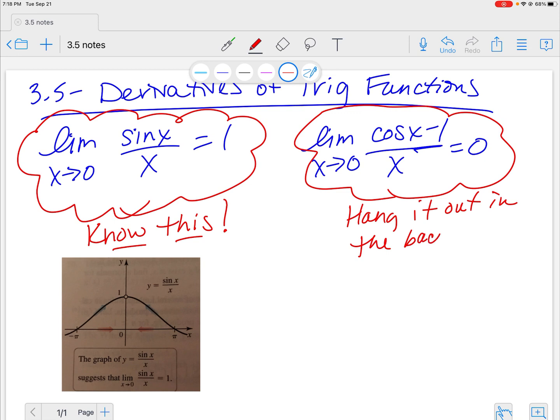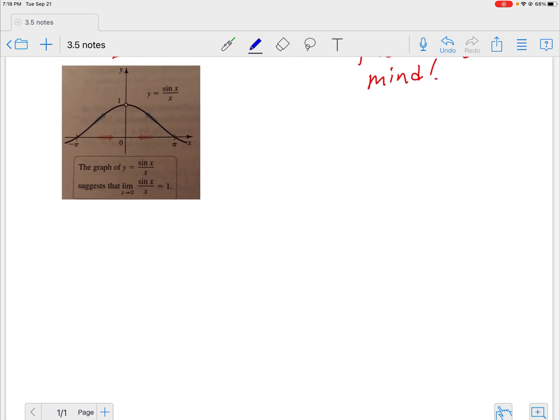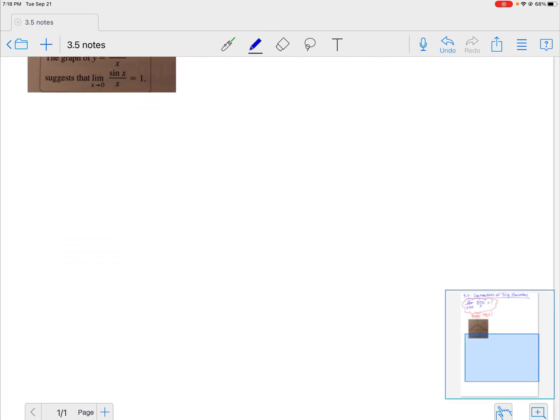It is not very common, so it's not something that you have to be able to recall immediately. Sine, yes, that's used a lot. But this cosine one, not so much. But it's in there and it's worth talking about. So let's see how we're going to actually use this.